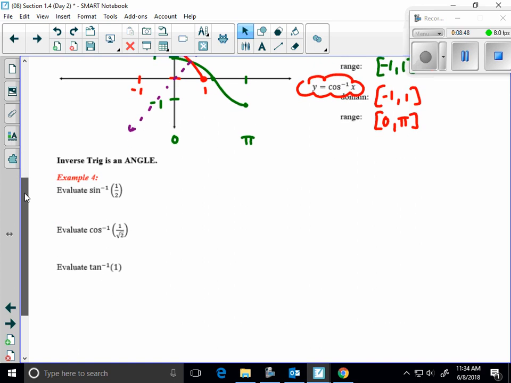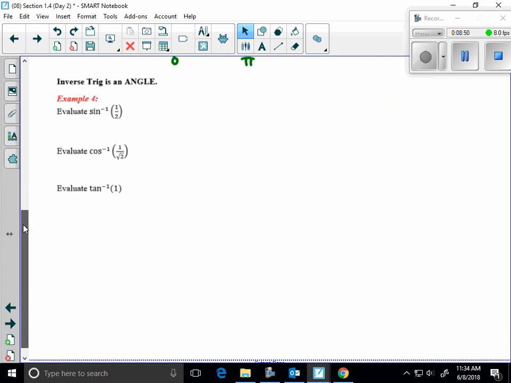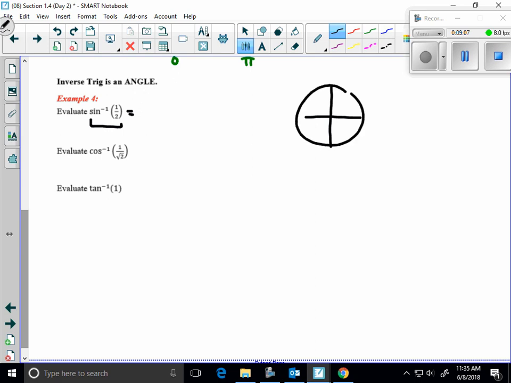All right, so let's talk about inverse trig. Inverse trig is an angle. So your answer to any question that looks like this is going to be an angle measure. So this is basically asking you, what angle has a sine of 1/2? Now, a couple things you've got to be privy to.